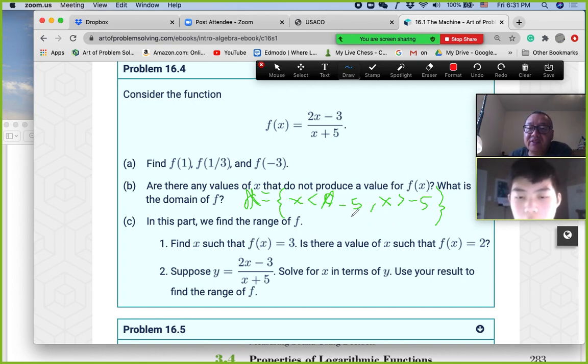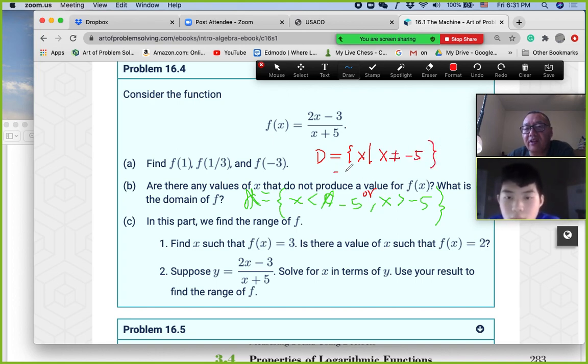Okay, this one, if you write this one, you need to say this one, or you probably need to add "or". And usually, say for this case, you just need to write this. D represents domain, okay? D equals, you can write this one, x not equals negative 5.